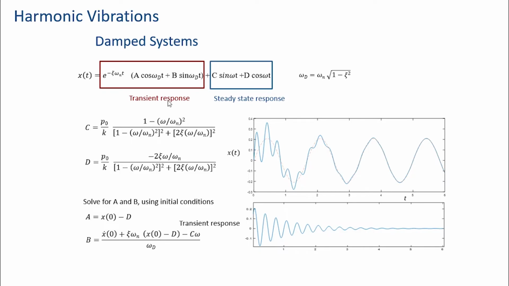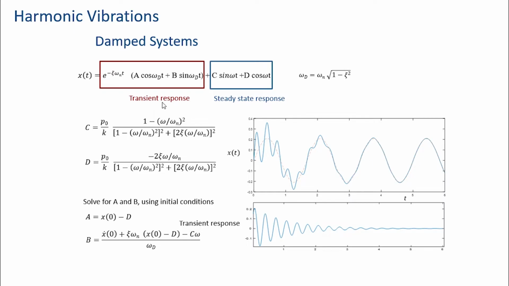So again, this would have transient response and a steady state response. But in damped system, the transient response decays with time depending upon the amount of damping present in the system. So this transient response will change with time and decays and becomes zero, and only the steady state response remains after some time.